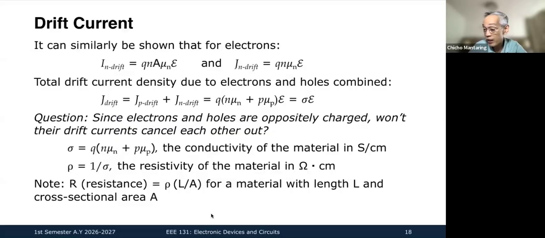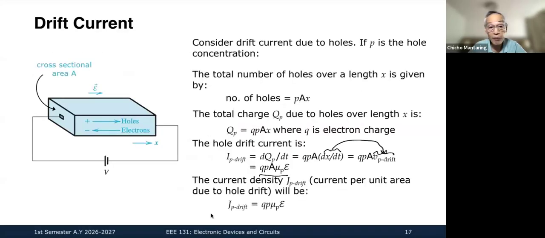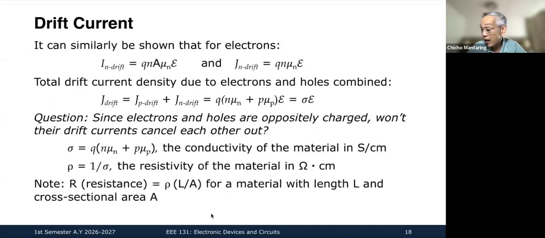Okay, now I have a question here. Take a look at this. The holes will be flowing to the right. Electrons will be flowing through the left. Why are these additive? Why do you add these two when one is flowing to the right and the other is flowing to the left? Anyone?